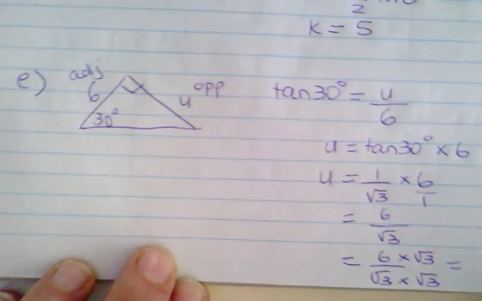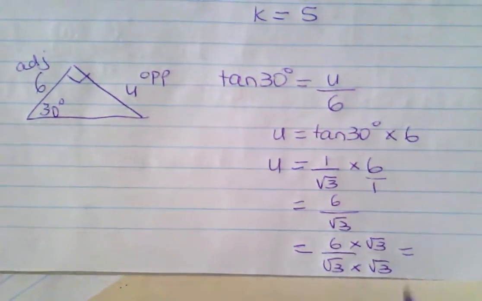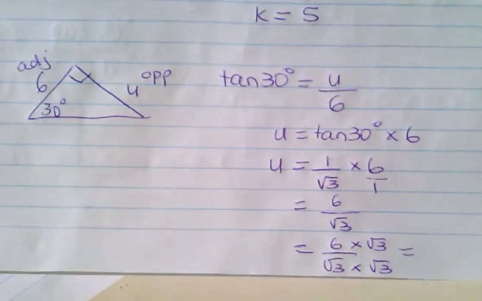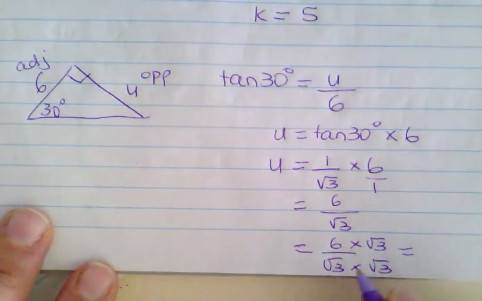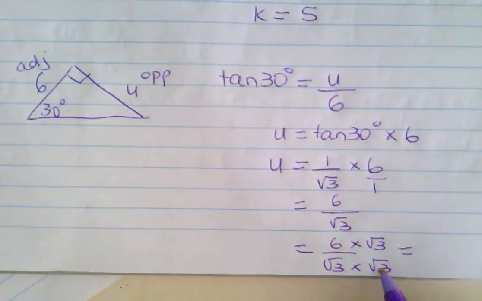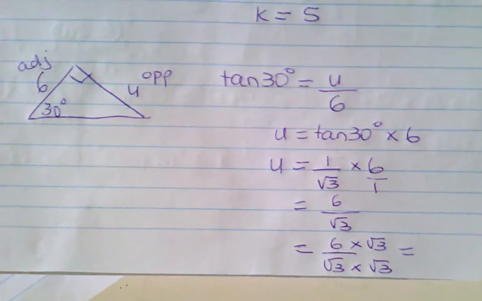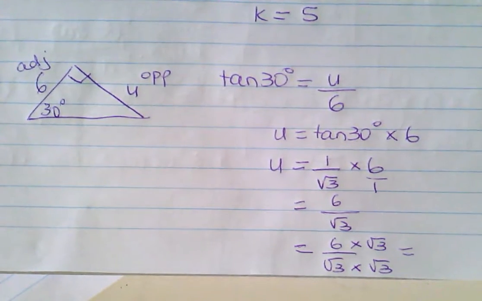Do you remember that from yesterday? So I've got 6 over root 3. I know root 3 times root 3 will give me a whole number. What will it give me? 3, that's right. If I multiply the denominator by root 3, I must multiply the numerator by root 3. Why? Because root 3 divided by root 3 is just 1. I'm only changing how this fraction looks.